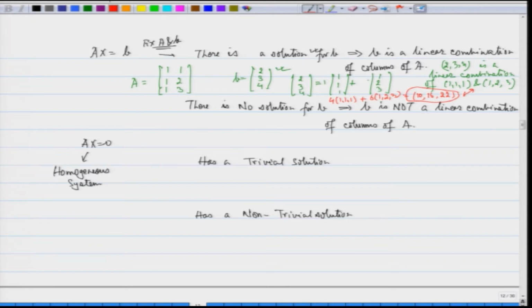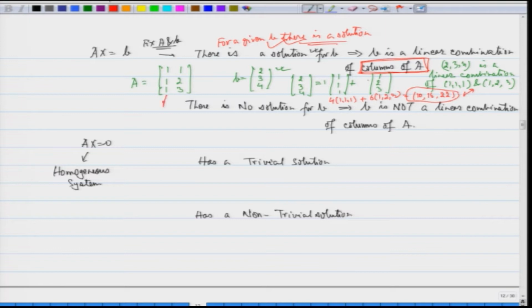We are trying to say that for a given B, there is a solution, which corresponds to saying that B is a linear combination of columns of A.